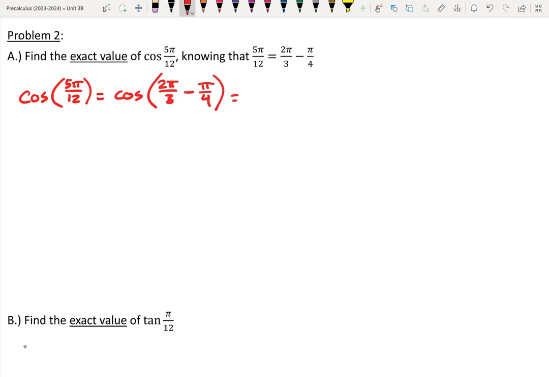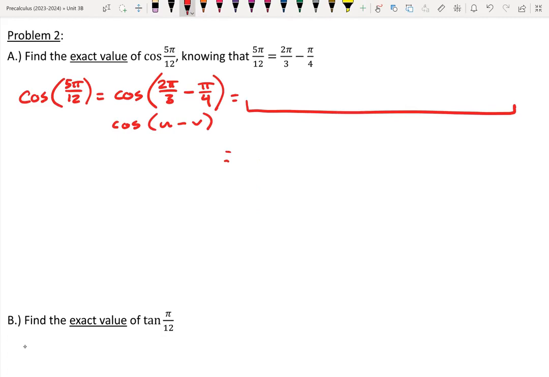And now we have a sum and difference situation. This would be a cosine of u minus v situation here. So I want you to go ahead and look at that. Like what we did for the first problem, I want you to expand that out and then see if you can use your unit circle to simplify down. All right, so go ahead and try that out, please.